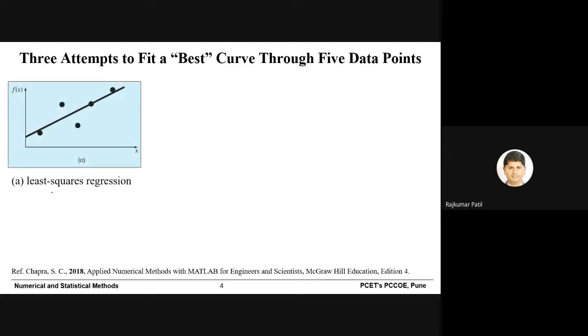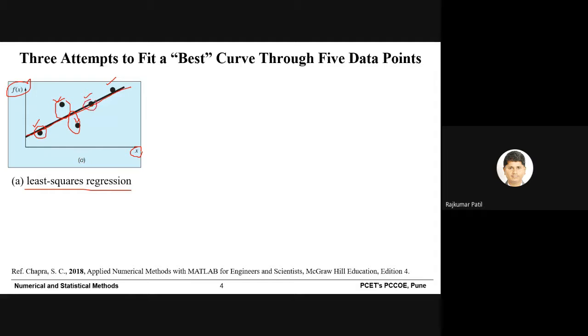The first example is least square regression. The values of x and y, or x and f of x, will be given to you. You will plot them on graph paper, and then draw a straight line in such a way that the distance between the line and the data points is as small as possible.